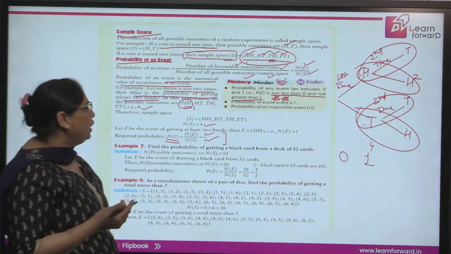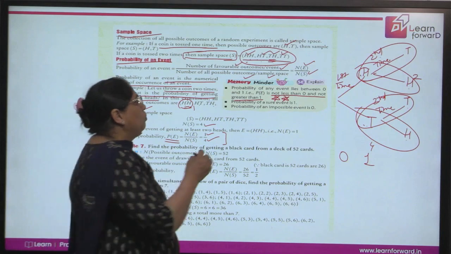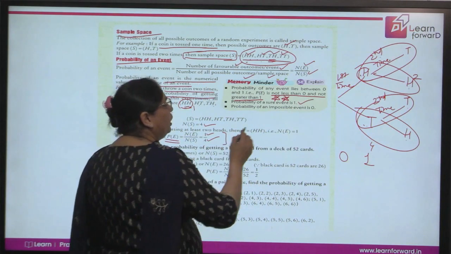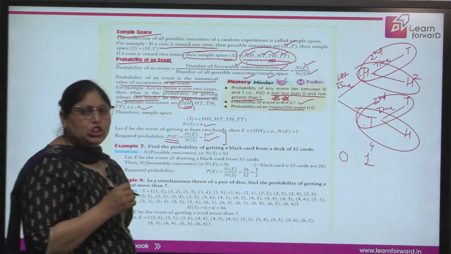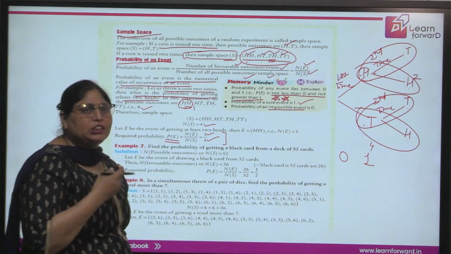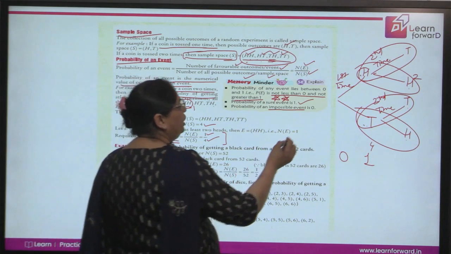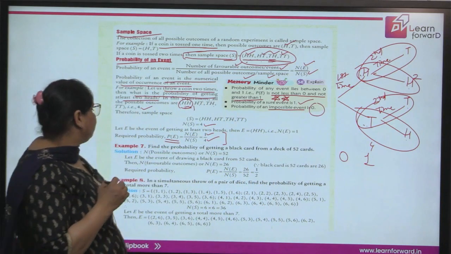If the event is a sure event, the probability is 1, and the probability of an impossible event that never happens is 0. Suppose I say the sun rises in the north; that is not possible, so it is an impossible event, and its probability is 0.